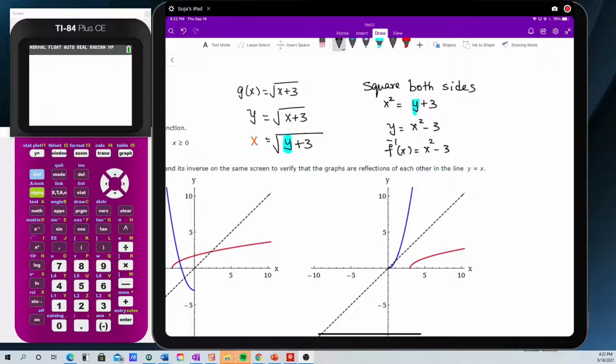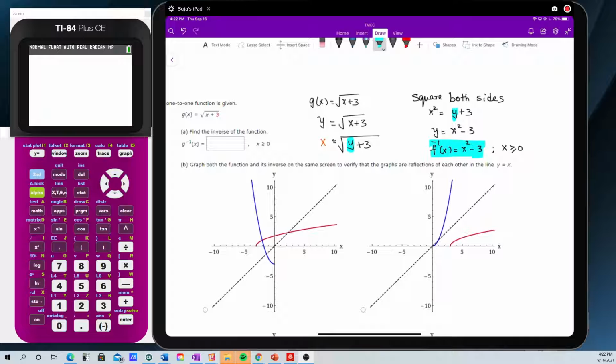Now remember, this looks like a quadratic equation, right? Shifted down 3 units. So I have to be careful that the domain should be restricted, so I can talk about only x greater than or equal to 0. This is the inverse function for square root of x plus 3, but x has to be greater than or equal to 0.